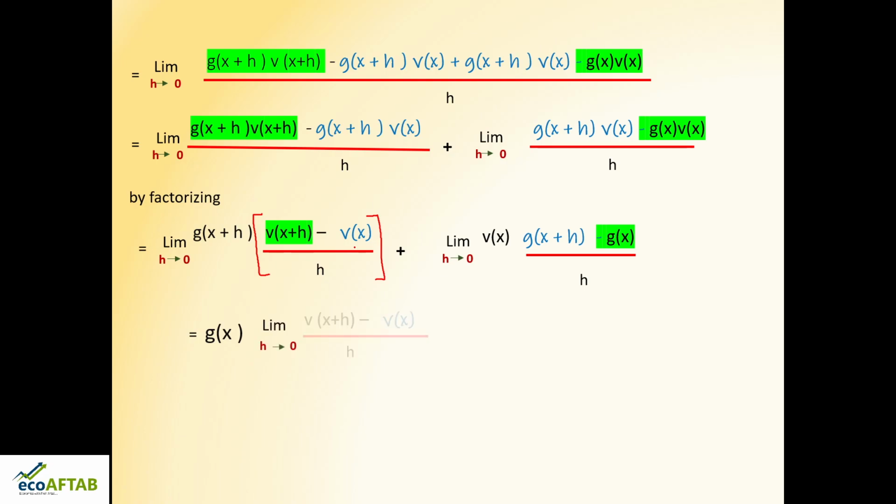So, this is limit h tends to 0 of v of x plus h minus v of x upon h, plus I will take this v of x outside, and what remains is limit h tends to 0 of g of x plus h minus g of x upon h.